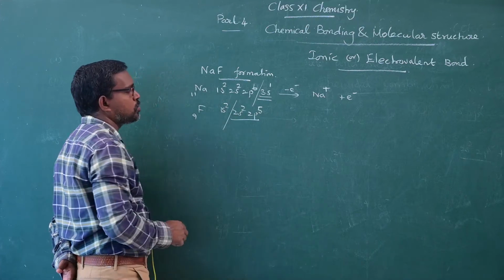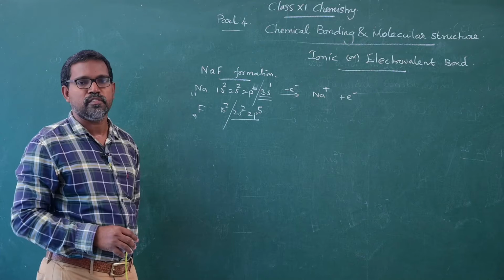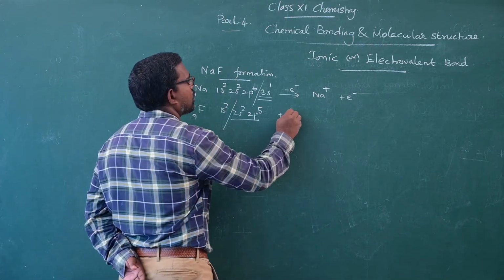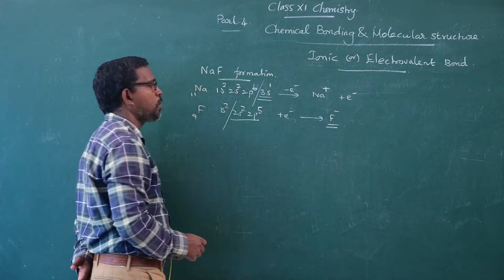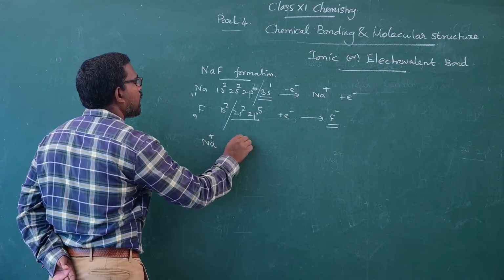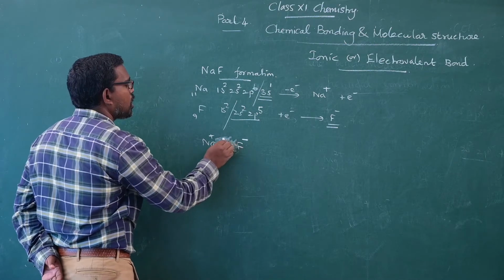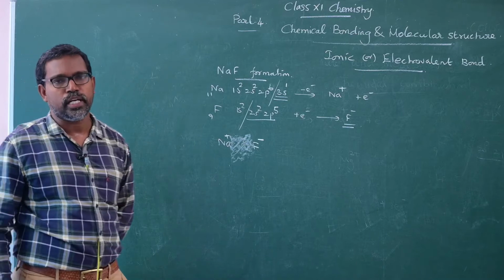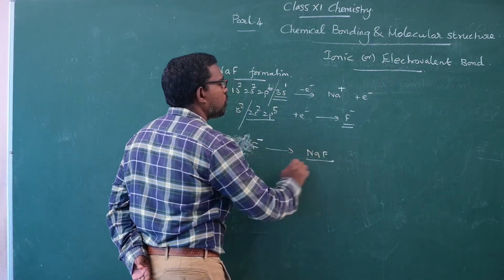Seven electrons are present in the valence shell, but it requires one electron to attain the stable electronic configuration, giving F-. Now, this Na+ ion and F- ion are held together by a strong electrostatic force of attraction, which gives the molecule called sodium fluoride.